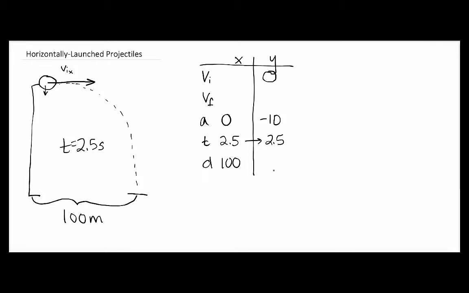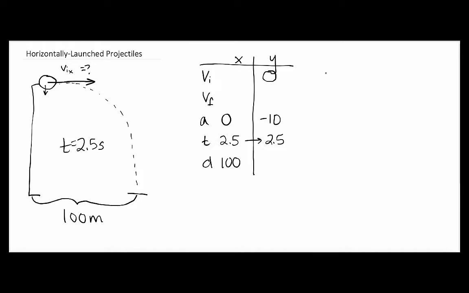Okay, so this is all the information we know. We don't know how high up the cannonball started or how far it shot, but we can find the rest of the information. So let's say that we want to find the velocity in the x direction. We want to see how fast this cannonball was shot out. Well, if we look over here on this side, we have displacement and time, and that's what we need to find velocity.